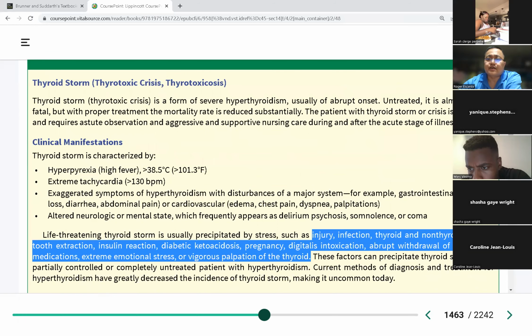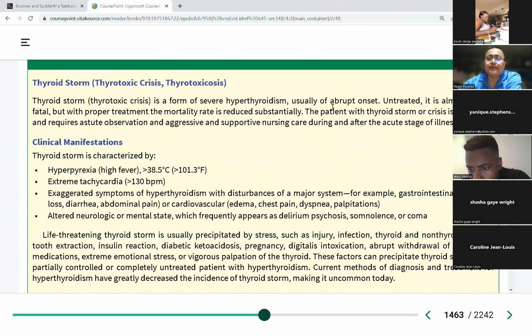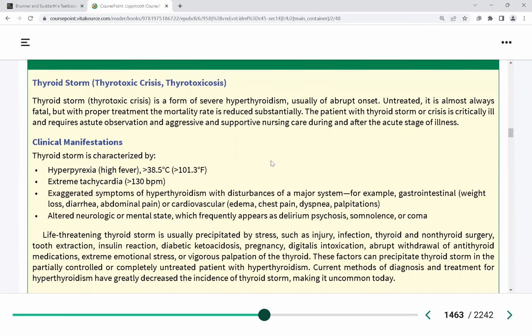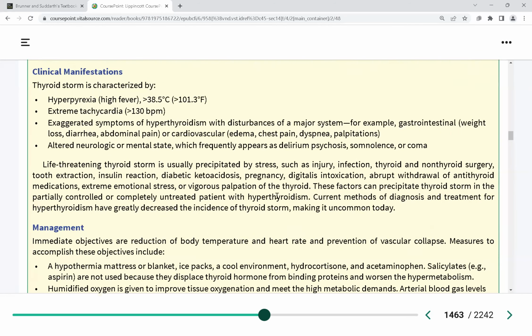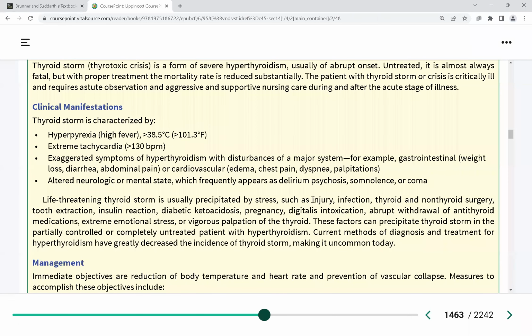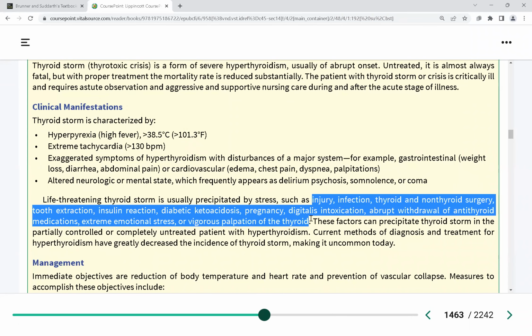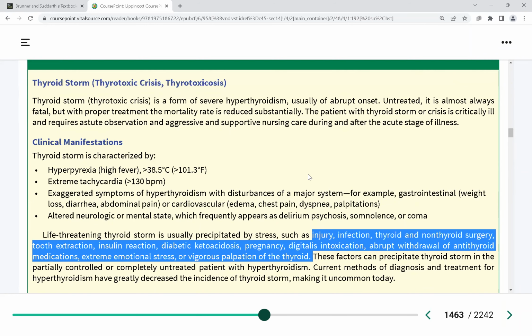Any questions so far? No. Right. So what will we do if the patient is experiencing any of these? What should we assess? And the patient has hyperthyroidism.